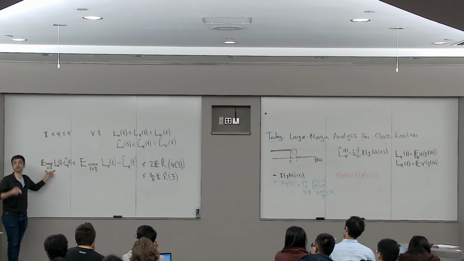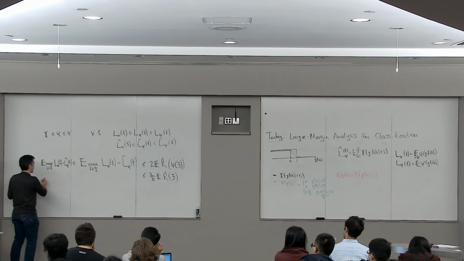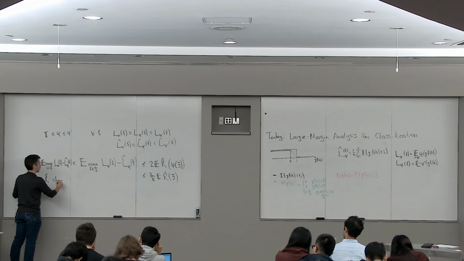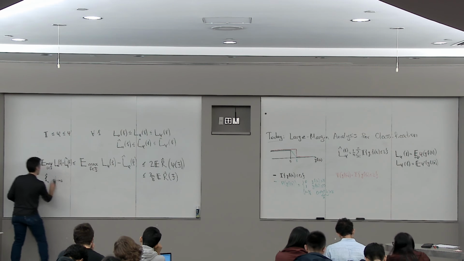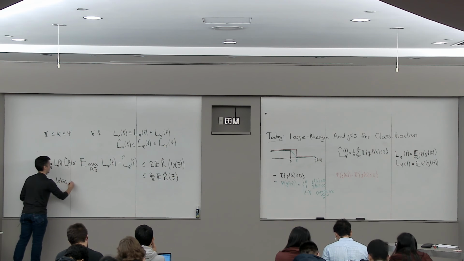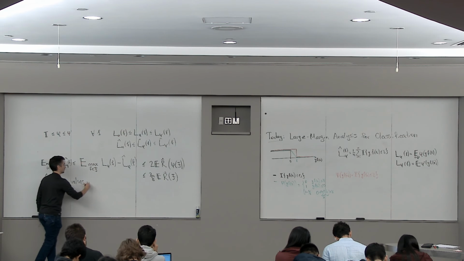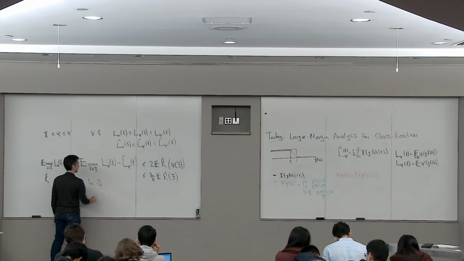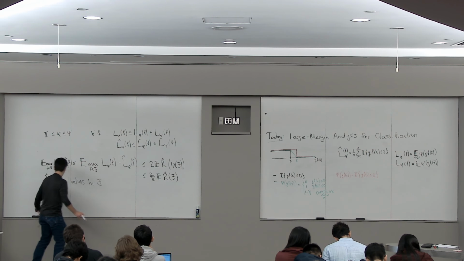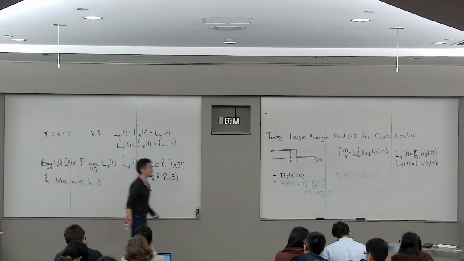It works for all functions chosen from f at the same time. And so let's say you have an f hat n that learns but takes values in f, then what we can conclude is the margin bound, and we're done.